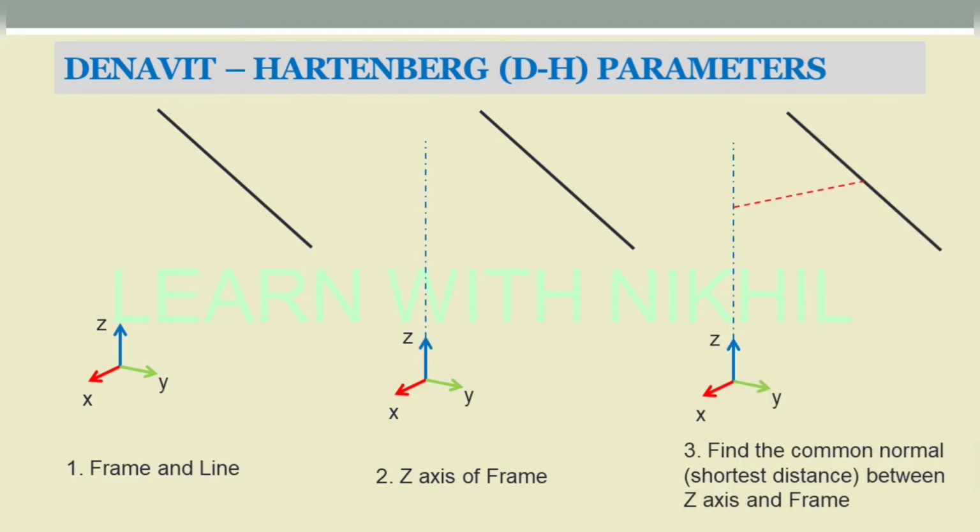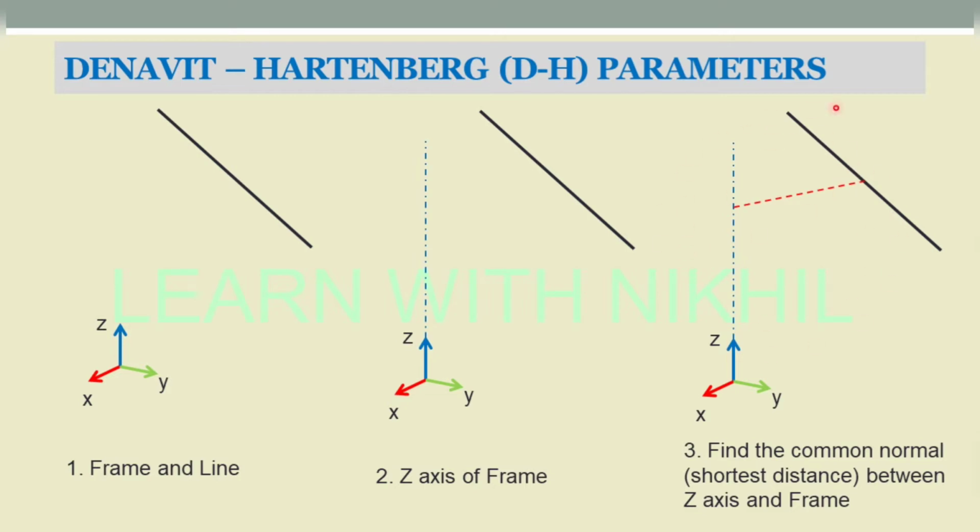Then we have to draw a common normal attaching both these lines. Here you can see I have drawn a line which is called the common normal. And what is a common normal? It is the shortest distance between the Z axis and this line. The thing with this common normal is that it is 90 degrees to this line and 90 degrees to this line also.